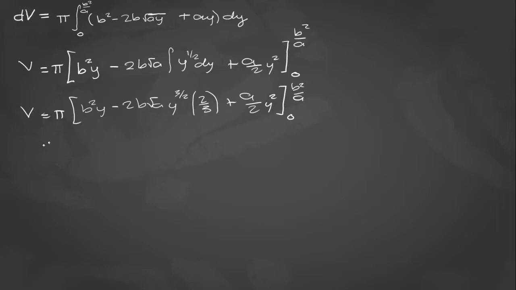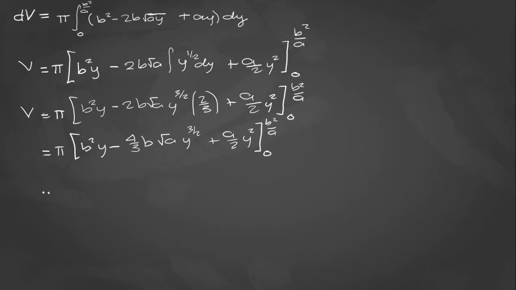Simplifying, before we evaluate the limits of integration, we have pi is equal to b squared y minus 4/3 b squared of a y raised to 3/2 plus a over 2 y squared evaluated from 0 to b squared over a. Now, we have pi is equal to b squared.